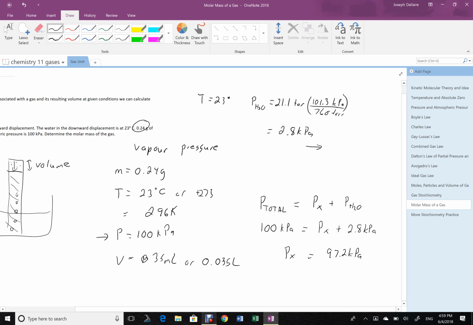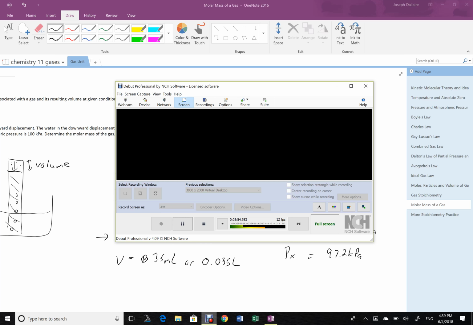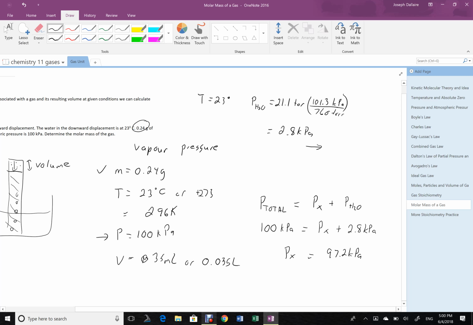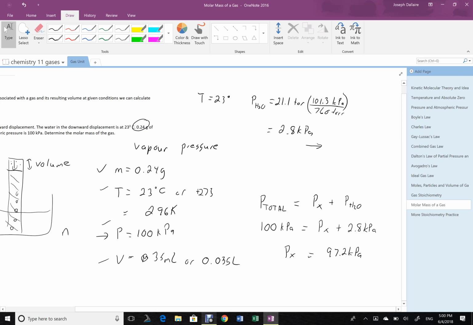Now I have my mass. I have my temperature, pressure, and volume, so I can come up with my moles. And if I have my mass and my moles, then I'll just be missing my molar mass.